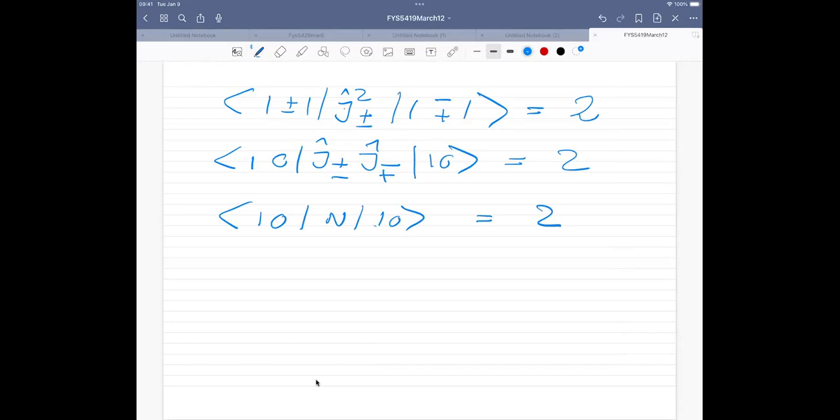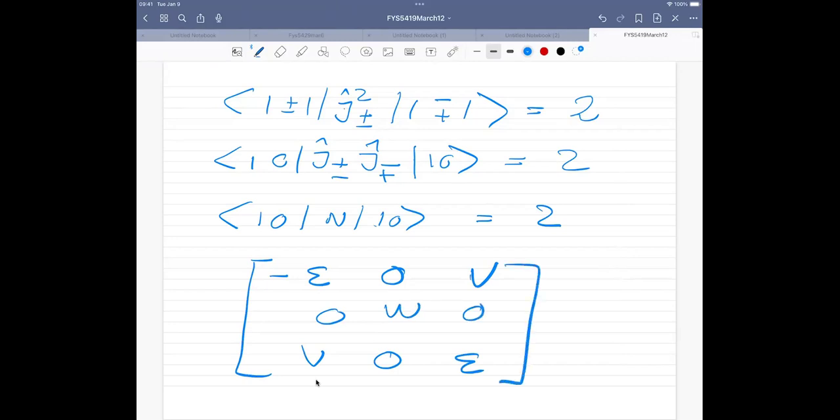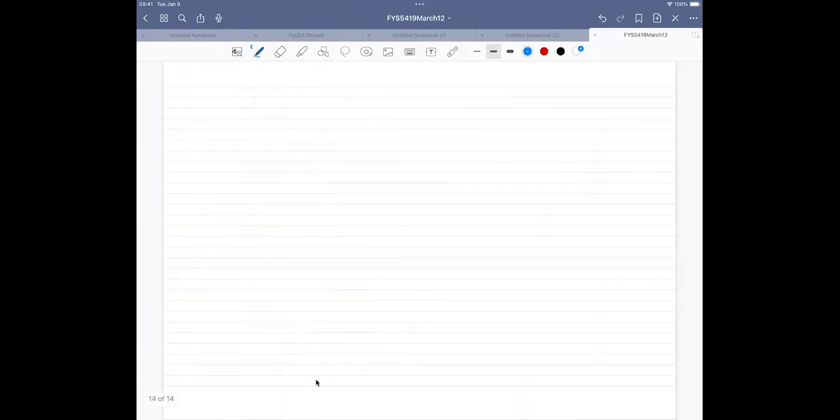So when I put all these terms together and I look at my Hamiltonian matrix, I will get a matrix to diagonalize, which is going to look like minus epsilon, 0. I have this term V. I have V here, 0, epsilon, 0, W, and 0. Now, if I look at the states which I'm connecting, let's just rewrite it before we take a small break here.